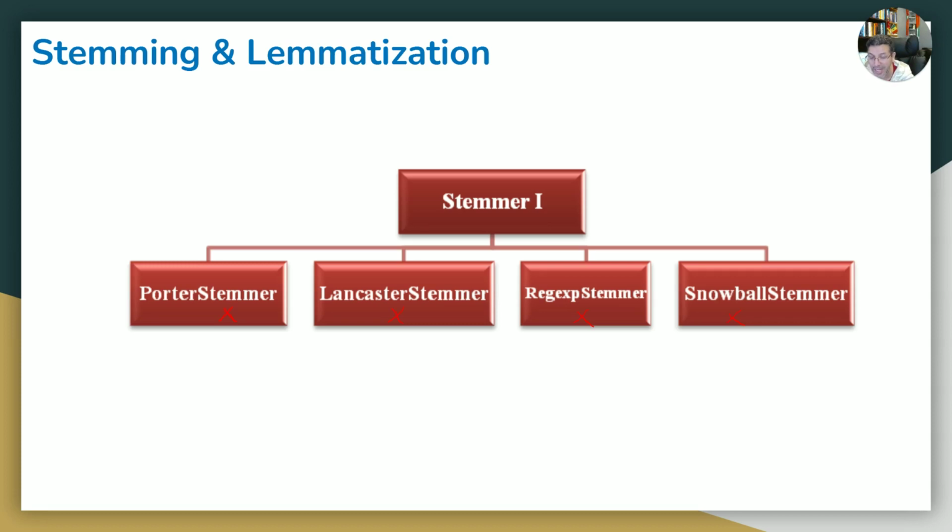I never thought about any specific application, but I used the Porter stemmer for all the projects that I worked on in the past. But today we are going to try all of them, just to showcase the actual difference between these types of stemmers.